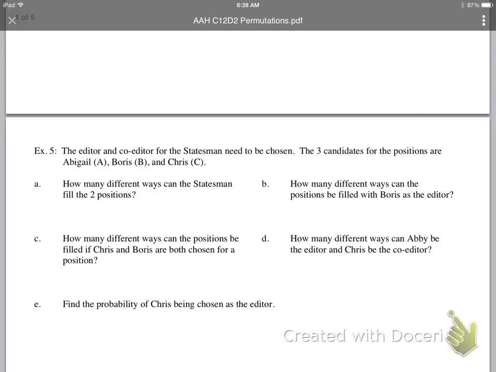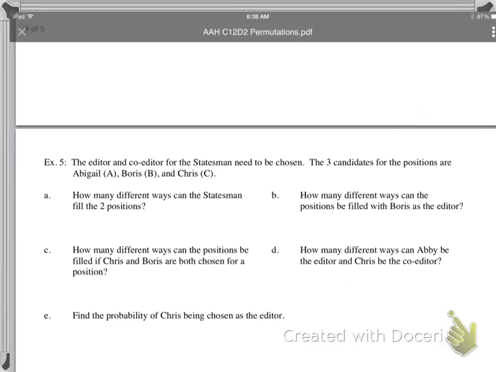So I'll go ahead and walk through it here. So we have 3 candidates for the positions. And order matters. It says, how many different ways can the statesman fill the 2 positions? Well, if Abigail is the editor and Boris is the co-editor, that's different than if Boris is the editor and Abigail's the co-editor. Therefore, I need to count all those ways.